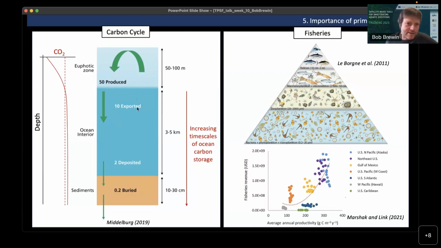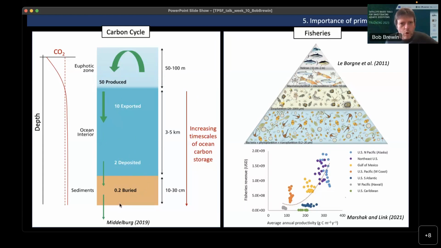Around 10% of that gets exported into the interior ocean. And this continues to sink and gets quite heavily remineralized, so converted back into CO2 as it sinks down towards the sea floor. And only about 2 gigatons is thought to be deposited at the bottom of the ocean, and only around 0.2 getting buried into the sediments.